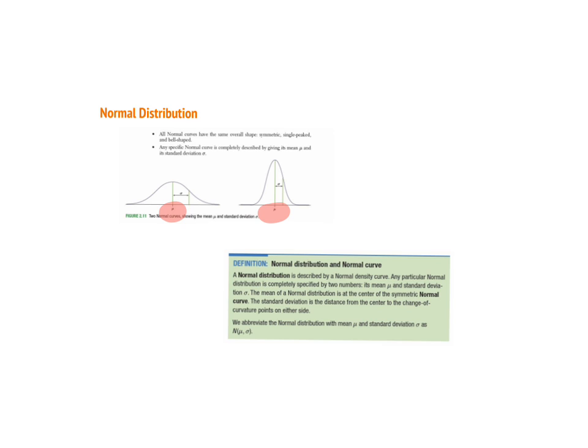The standard deviation, however, tells us how tall or shallow that normal distribution curve is going to be. So a really large standard deviation is going to make a flatter normal distribution, a flatter curve, where a smaller standard deviation is going to make a much taller curve, like you see on the right, okay?